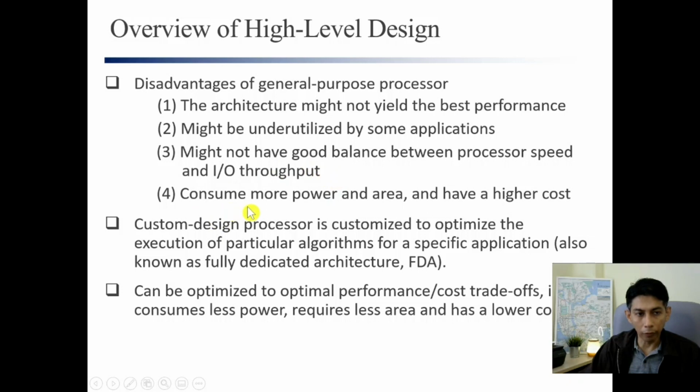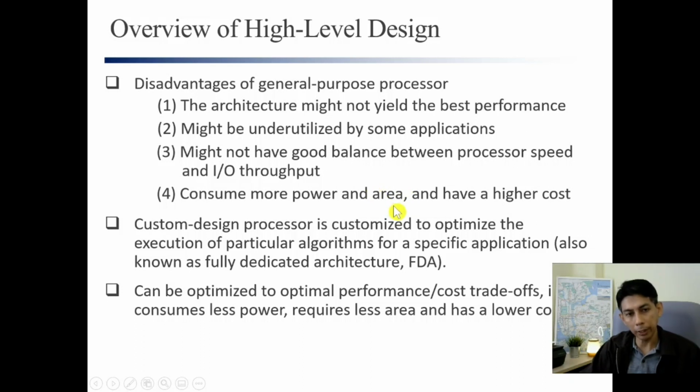And number 4, of course, if you use a general purpose processor, it consumes more power and area and has a higher cost, just like what I said before. Because the microprocessor circuit is big. Yeah, you have many components in there, and most of the time we're not using all the features of the microprocessor.